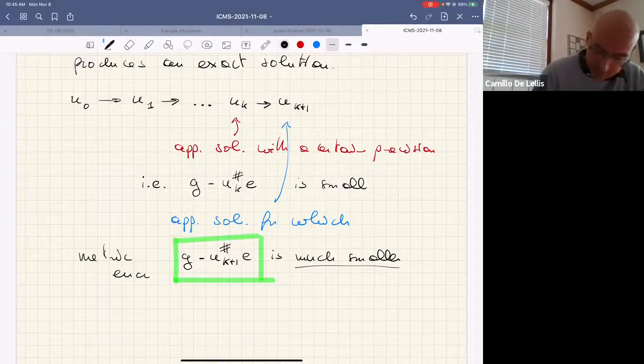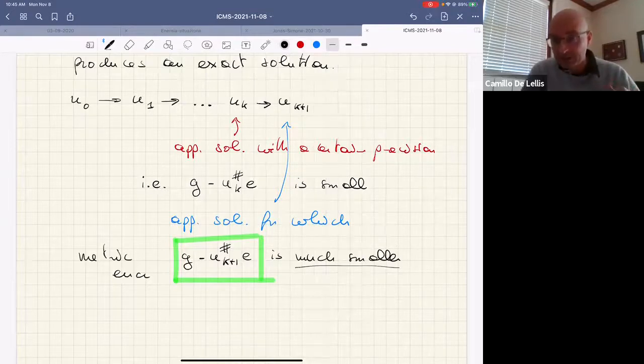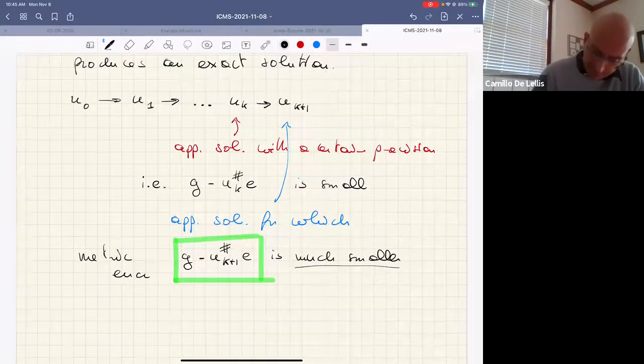I not only want to make the metric error much smaller, but I also want to show that it is possible to do this by estimating the C1 norm of UK plus 1 minus UK.